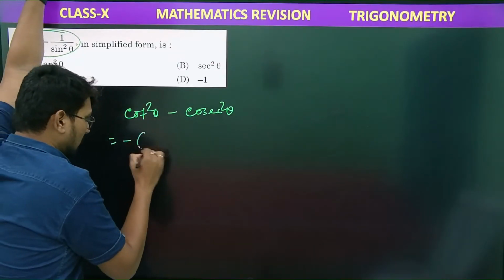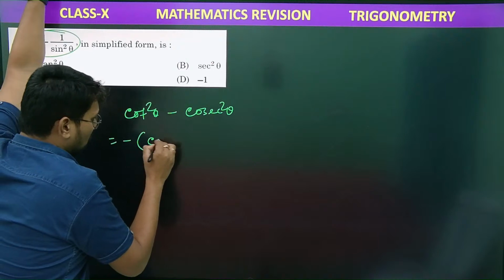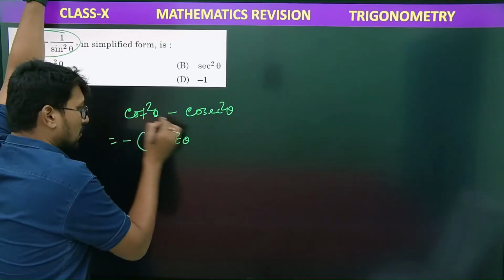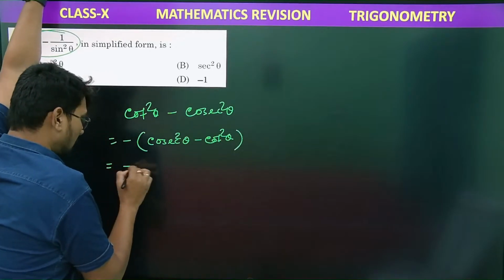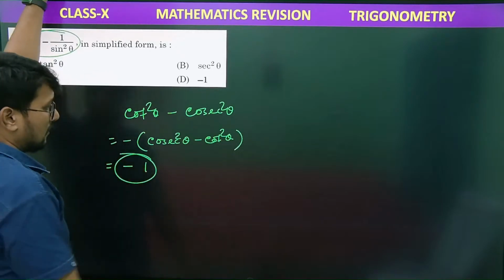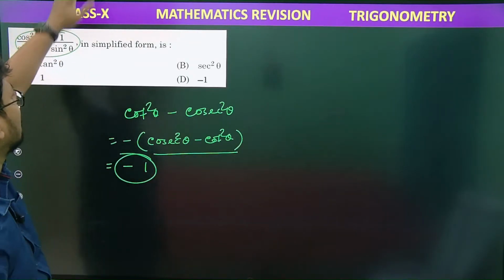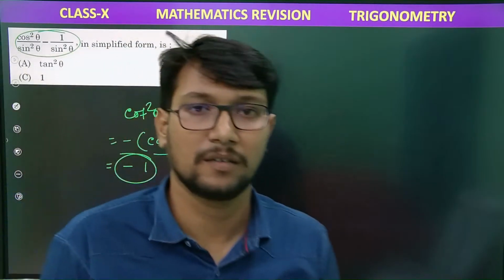Hence, I'm taking common minus left cosec square theta, means cosec will become plus and cot will become minus. Cot square theta minus 1. Answer. This is identity. Trigonometry identity. Clear? So which one is the answer? Option D. Okay? Clear?